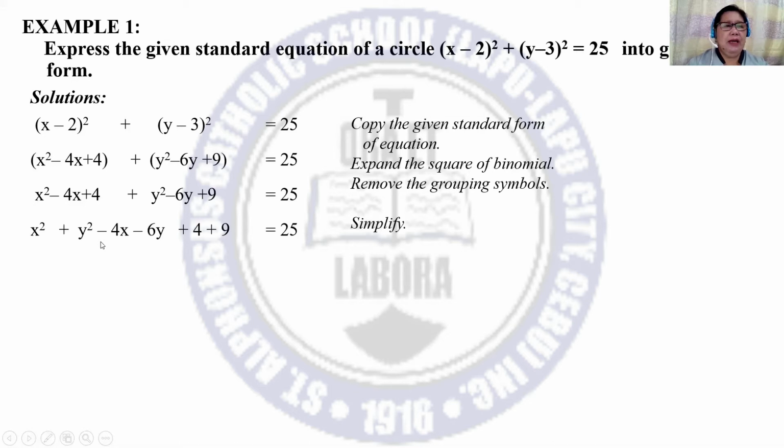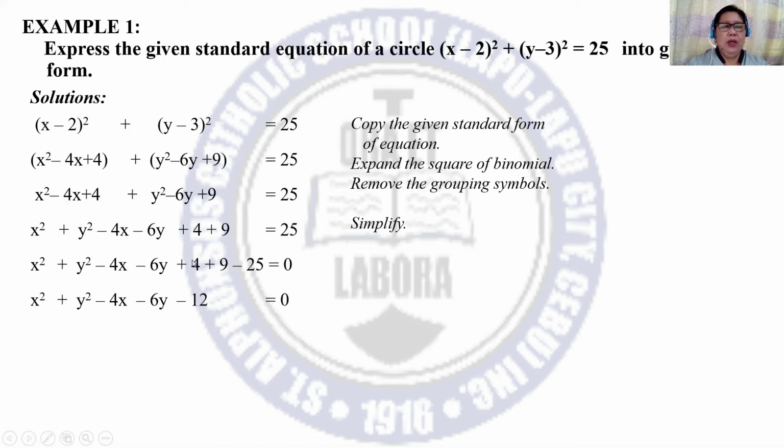Then simplify. Write first x squared followed by y squared, then negative 4x, negative 6y, then 4 followed by 9 is equal to 25. And then you can transpose 25 to this side, equate to 0.